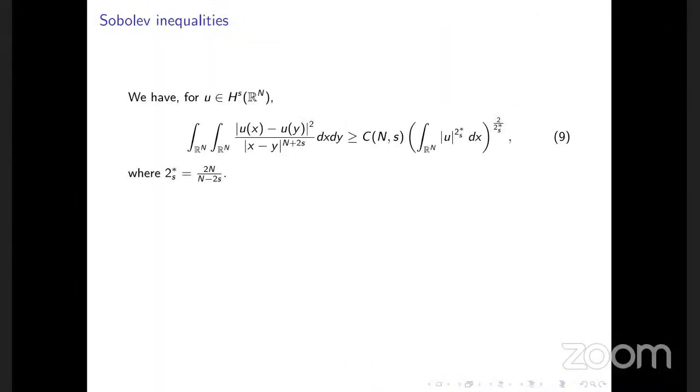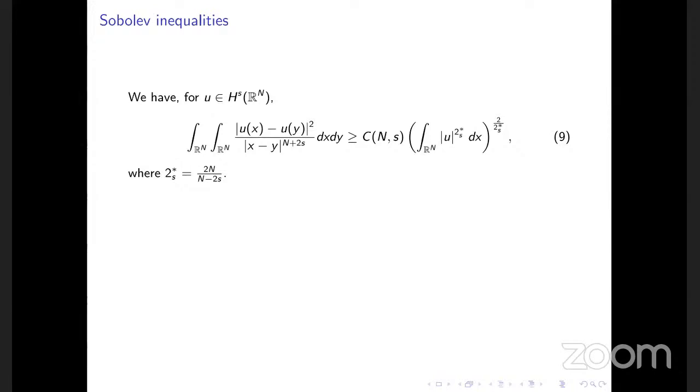What we always need in general are the Sobolev inequalities, which also provide embeddings, and why I tell about this nonlinear inequality.